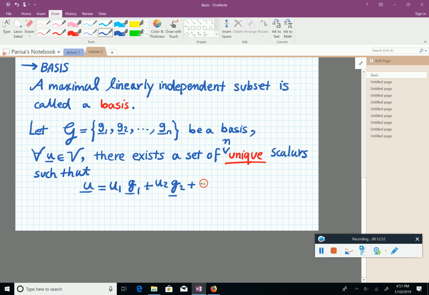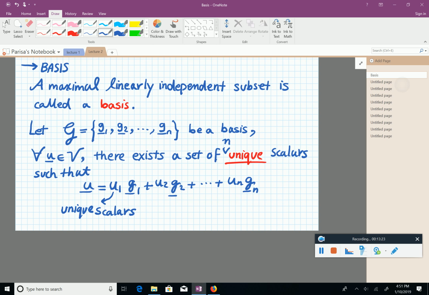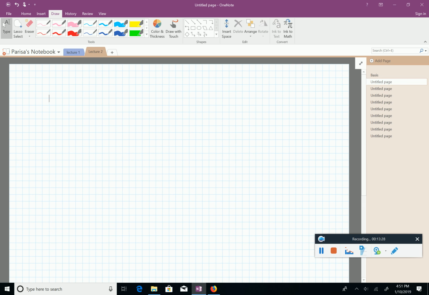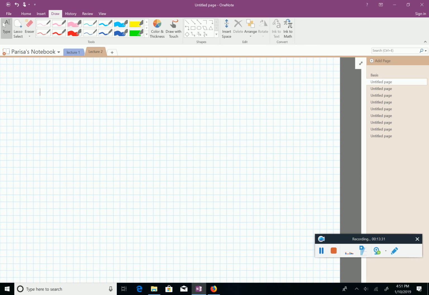So here we are. So these are the scalars, and again remember that they are unique. I write this in a summation form again here in this next page.